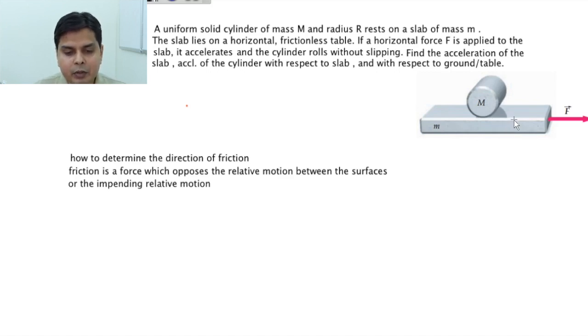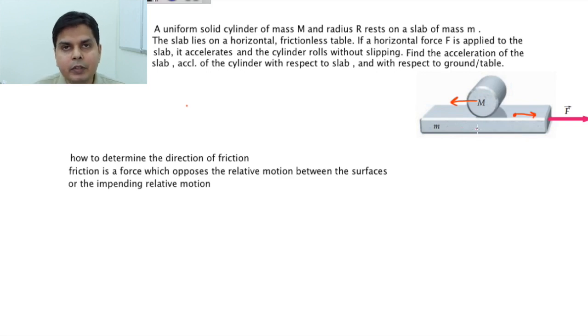If I am sitting here, I will find that this slab is moving towards right, and this cylinder is moving towards left, in the backward direction. So this is the relative motion.